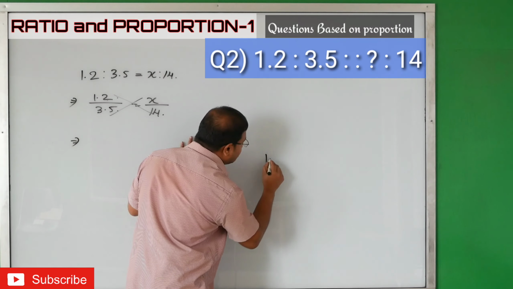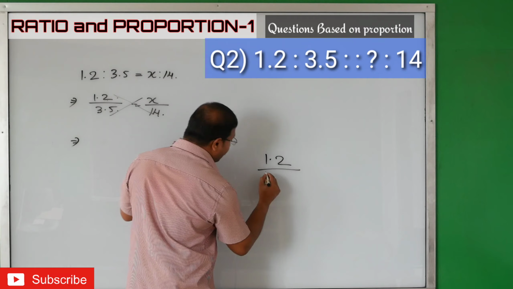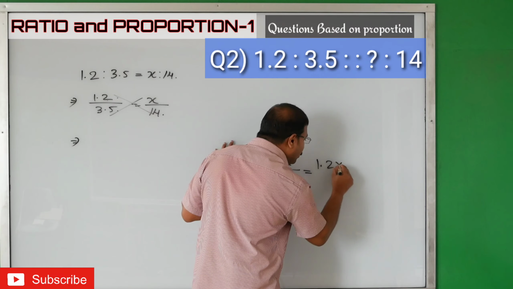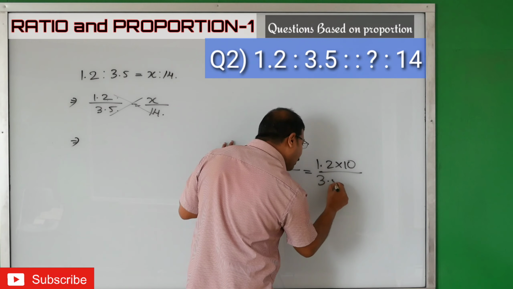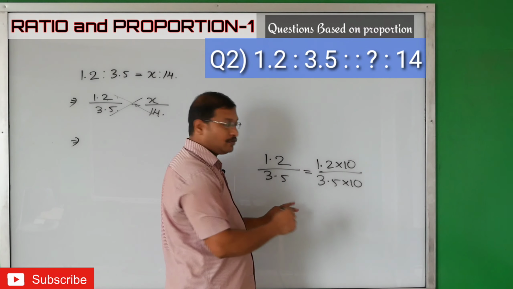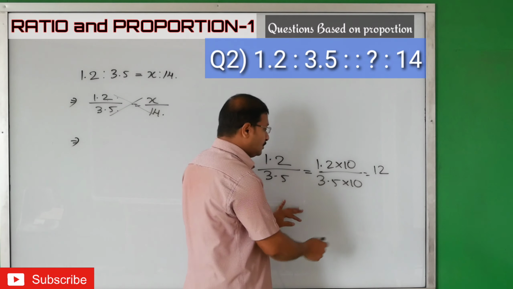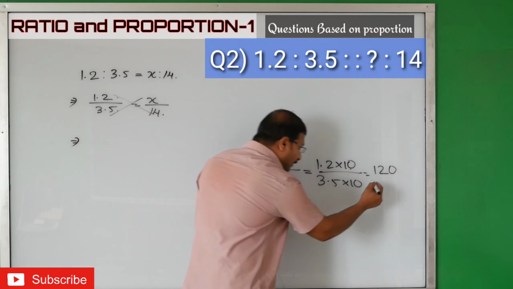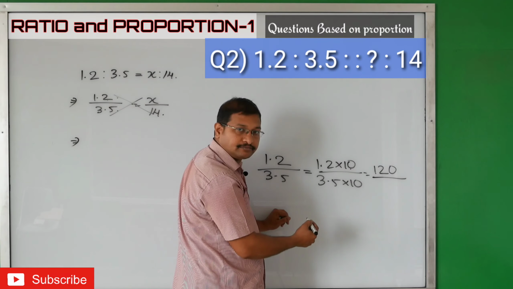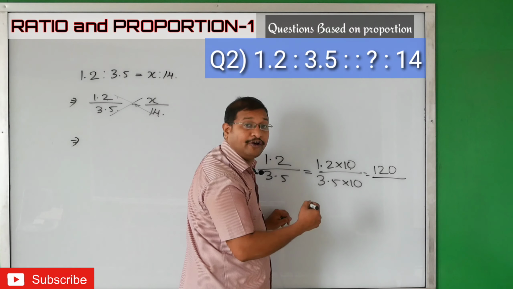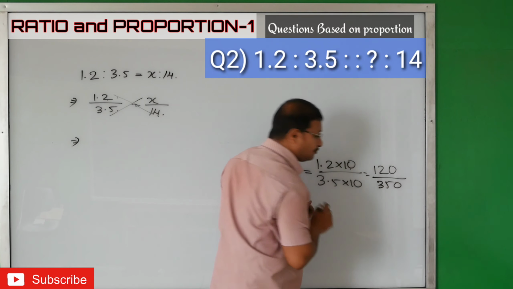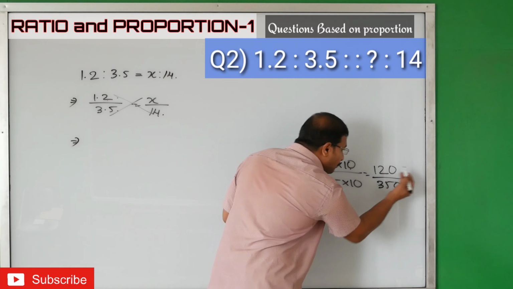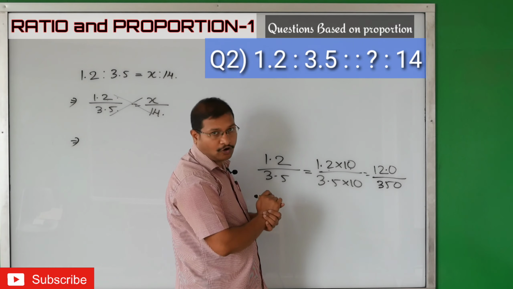Otherwise, you have to do it like this: 1.2 divided by 3.5 means 1.2 into 10 divided by 3.5 into 10, equals 12 without the point, that is 120, divided by 35 into 10, that is 350. After that, here 1 digit, 1 decimal, isn't it? So from the right, left 1, 12.0.